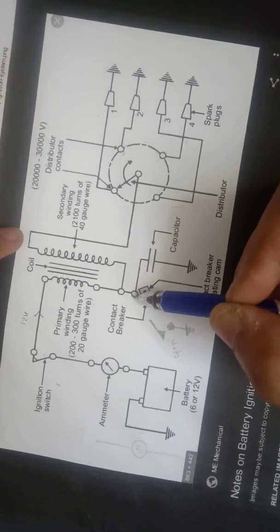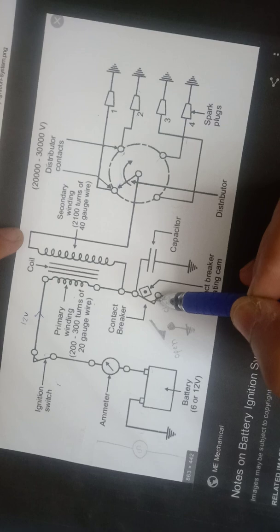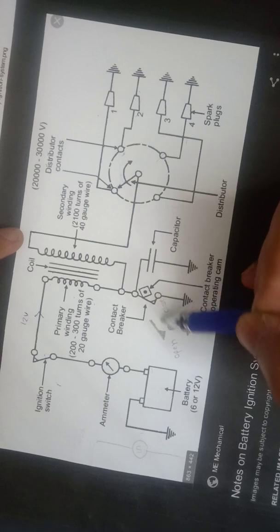So heavy current passes through this contact point. As soon as this point opens like this, it gradually goes open.